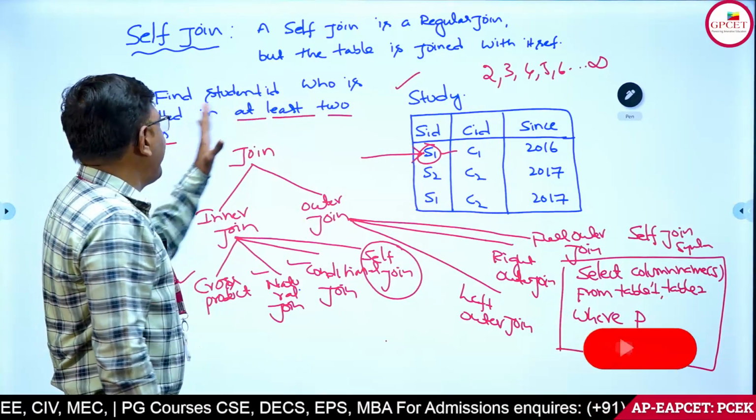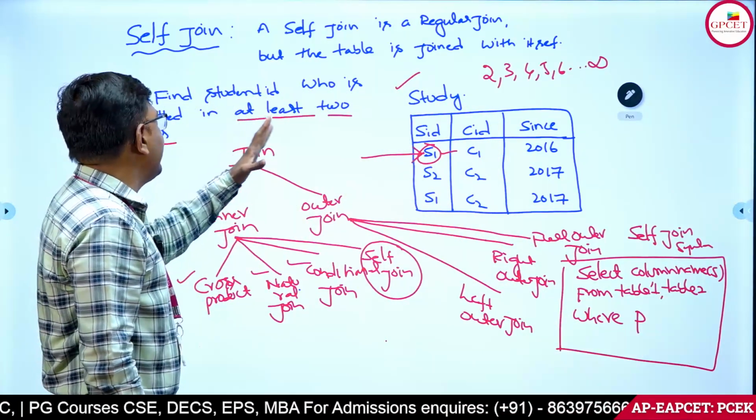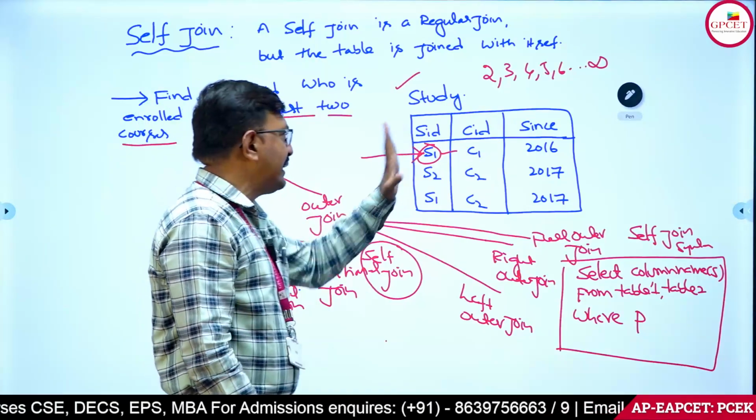Clear? But what is the question? Find the student ID who is enrolled in at least two courses. The output is S1.